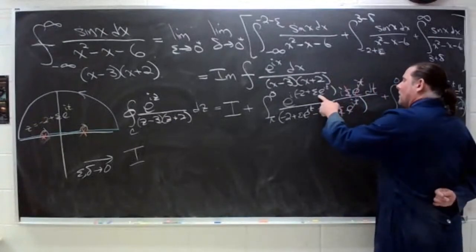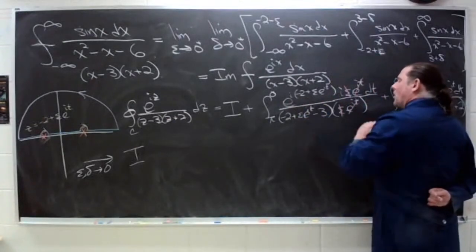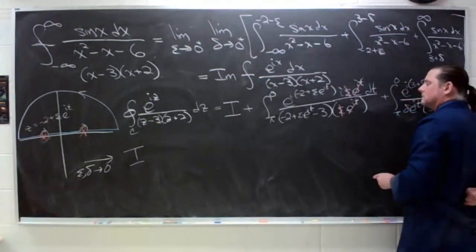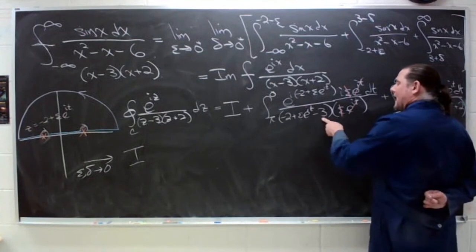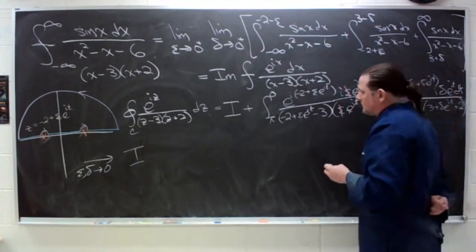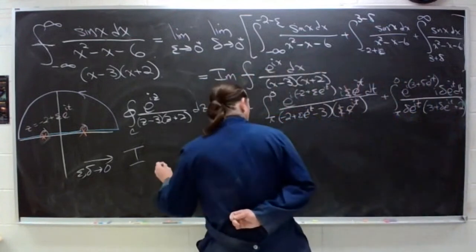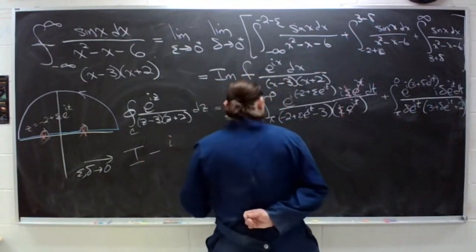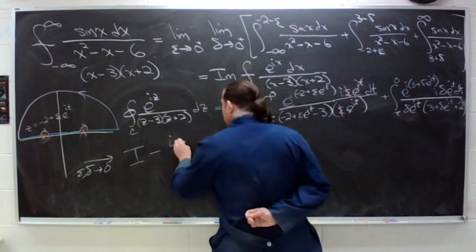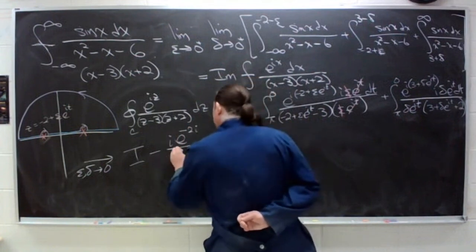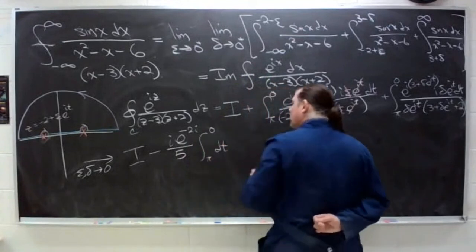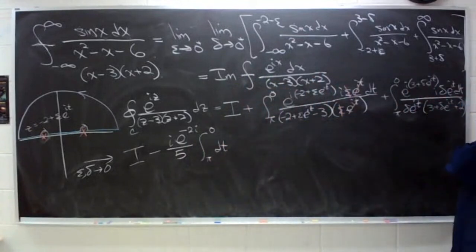If epsilon tends to 0, this is e to the minus 2i, i dt. If epsilon tends to 0, this is negative 5. So it's going to be minus i e to the minus 2i over 5, integral from pi to 0 dt.